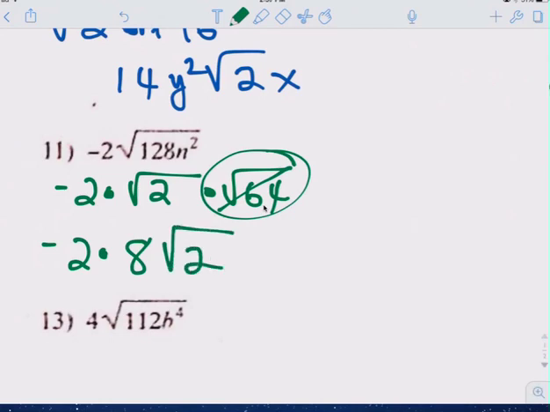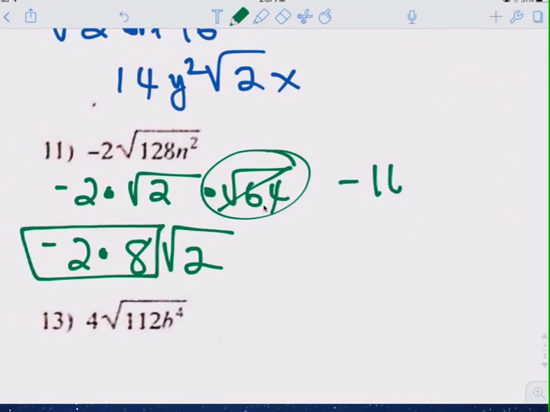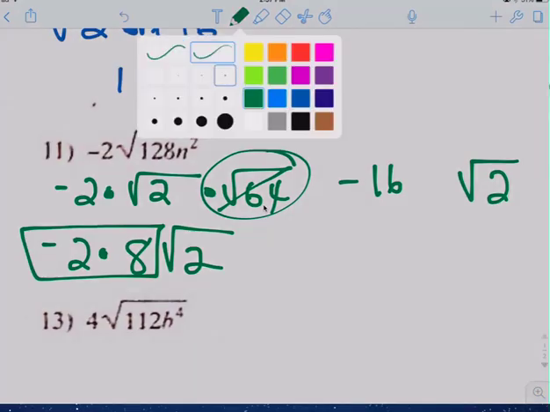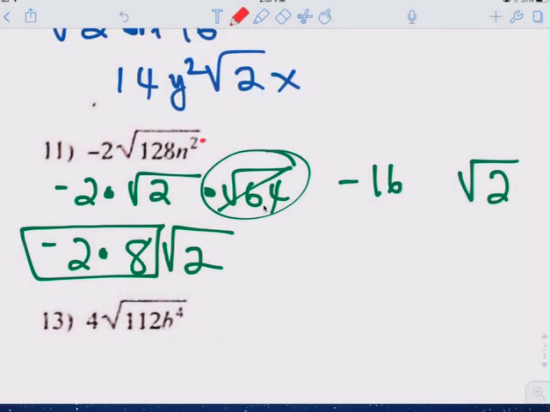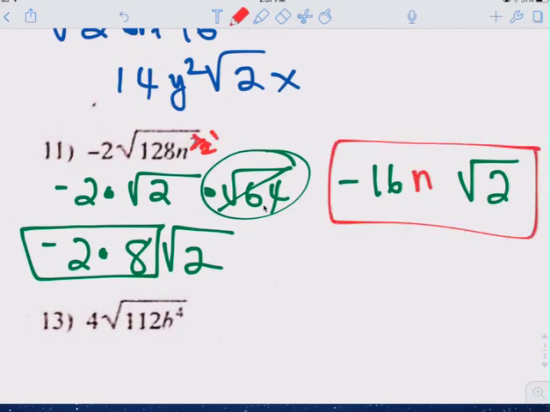So our answer is negative 16, right? A negative times a positive is a negative, negative 16. And I'm going to leave room for my variable, square root of 2. Now, n squared, we divide the squared by 2, we get a 1, correct? n to the first. We don't have to write the first. We can eliminate that.